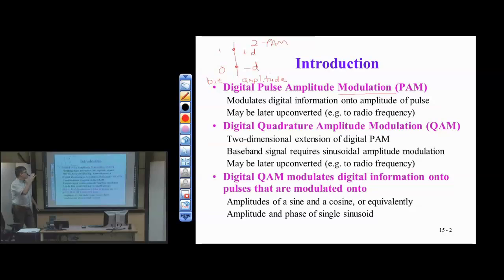So we are changing the amplitude of a pulse shape to convey a message, and that message is a bit stream at the transmitter side. It was up to the receiver to undo the operations to get back to an estimate of that bit stream. And PAM may or may not be upconverted.